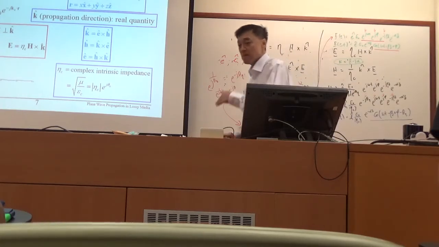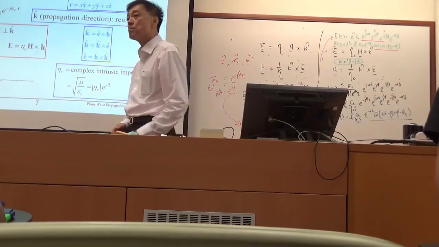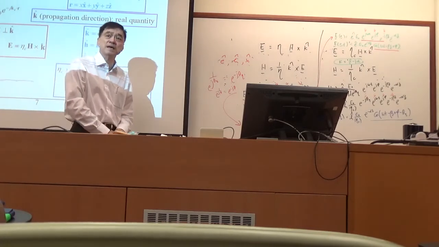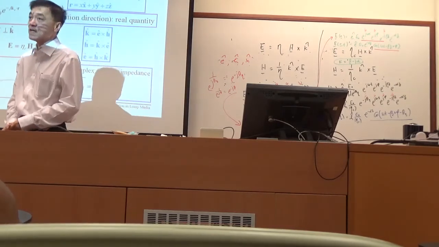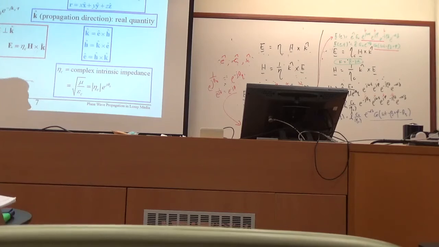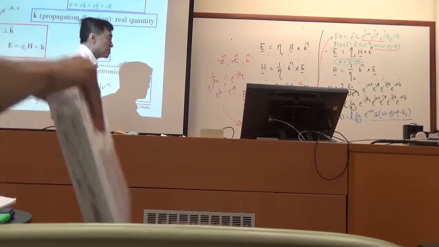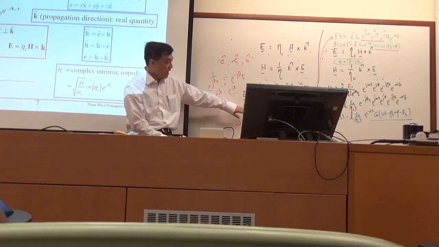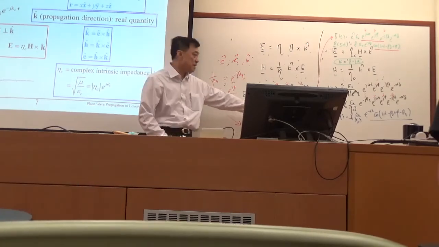So what does this mean? Just now we said that the difference between lossless and lossy is, first of all, that the wave attenuates while propagating. Then we see another phenomenon. You see that E and H here are in phase; they are in exactly the same cosine term.